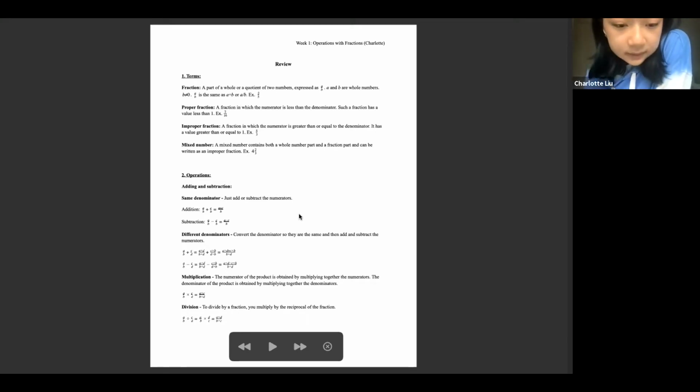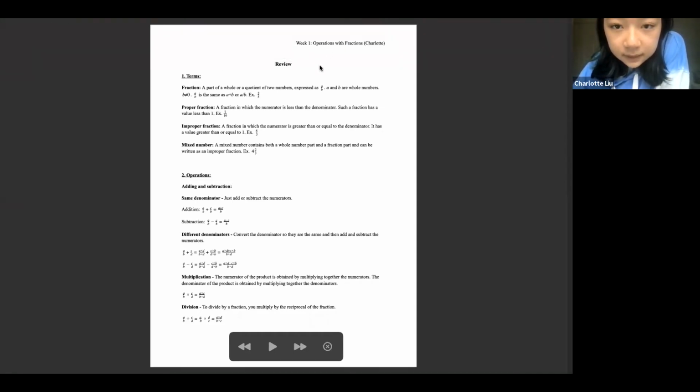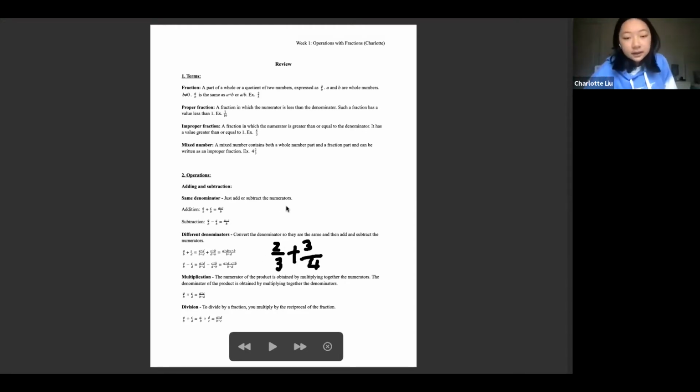So here, I want to give a few examples. Let's say you have the numbers 2/3 plus 3/4. Now you have to make sure that the denominators are the same, and they're not the same. So we can multiply.